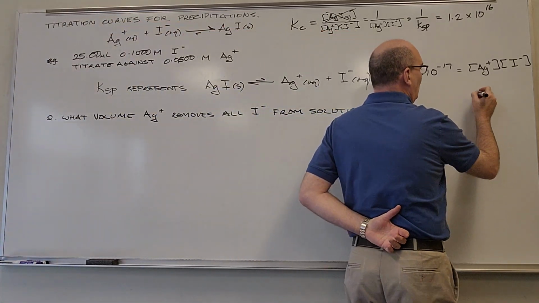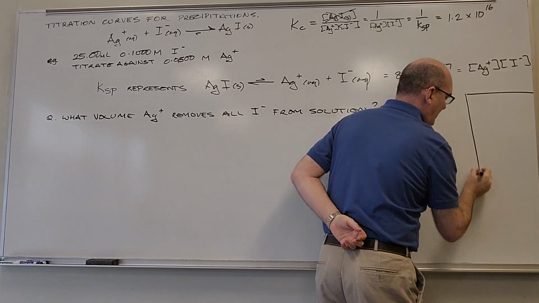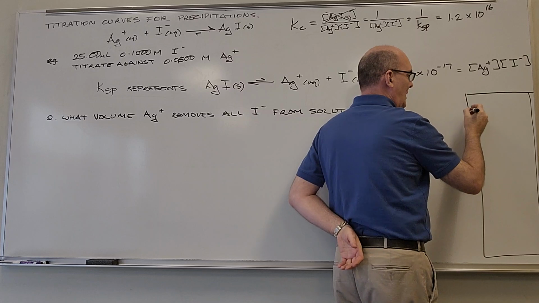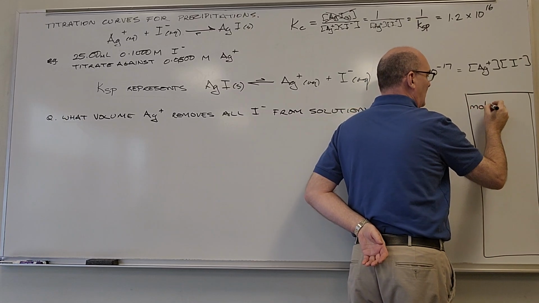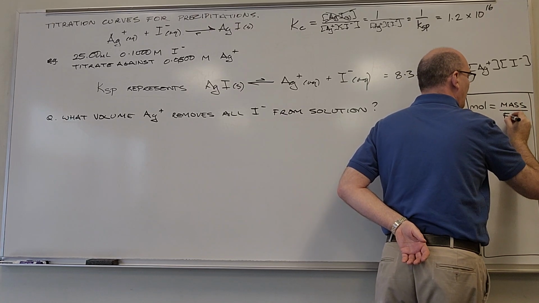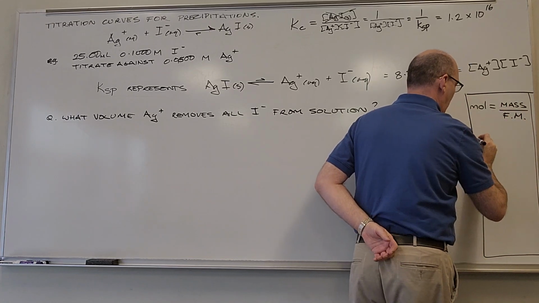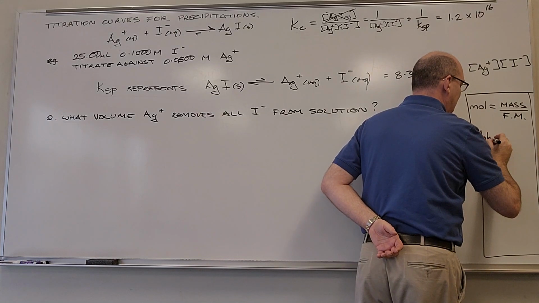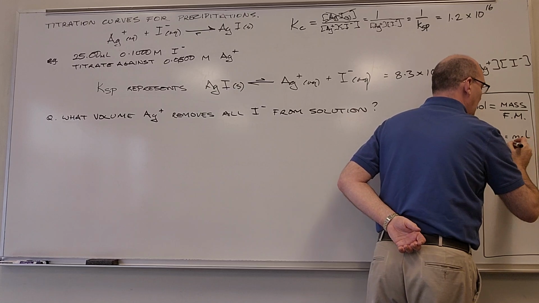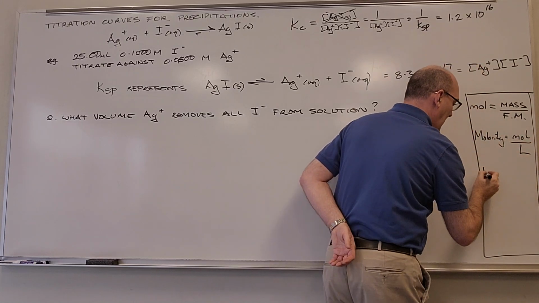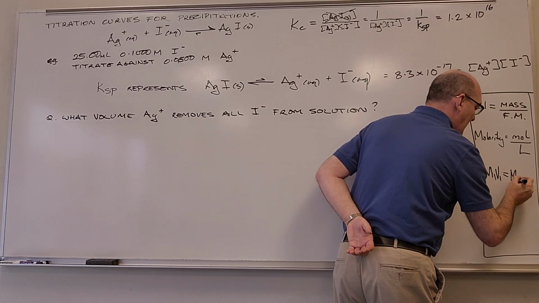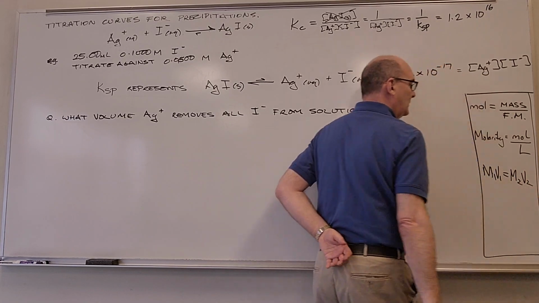Remember, there are only 3 things that we can ever do in a chapter on concentration. Moles is mass divided by formula mass, molarity is moles per liter, and M1V1 equals M2V2.